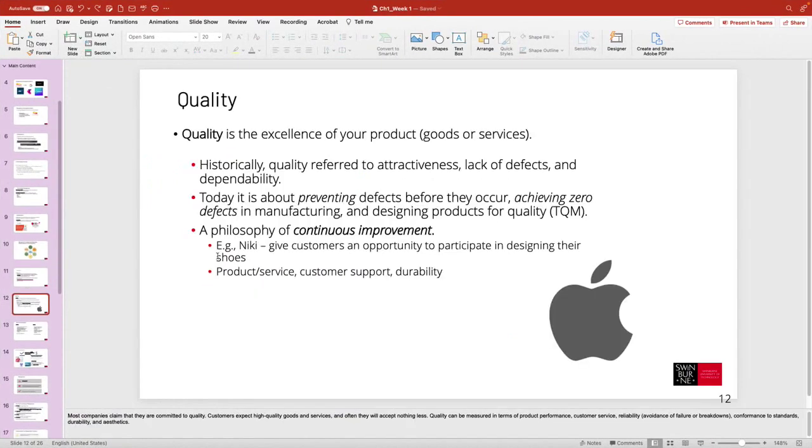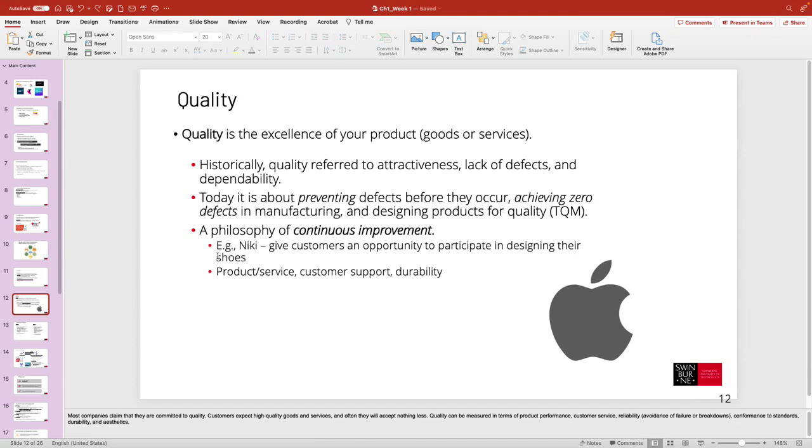Okay, right, quality. I'm not going to spend a lot of time here. We know sometimes we make decisions based on quality. Quality is the excellence of the product or the services that an organization offers. So historically, guys, quality referred to attractiveness, lack of defects, and dependability. But today, organizations are thinking about preventing defects, achieving zero defects.